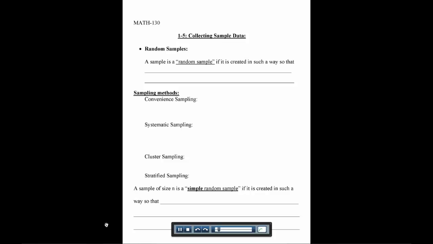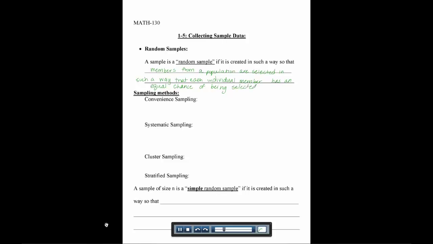is if a sample is random if it is created in such a way so that members from a population are selected in such a way that each individual member has an equal chance of being selected.